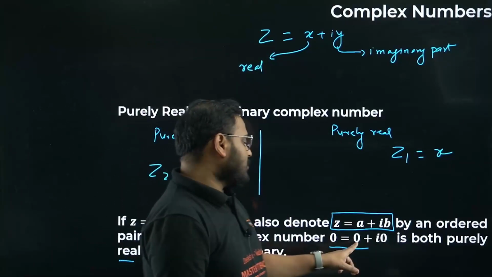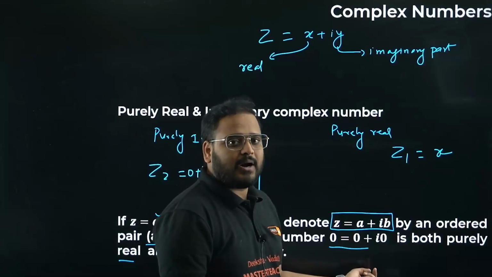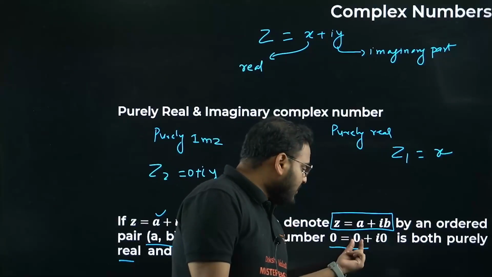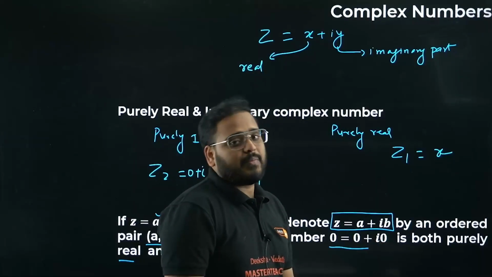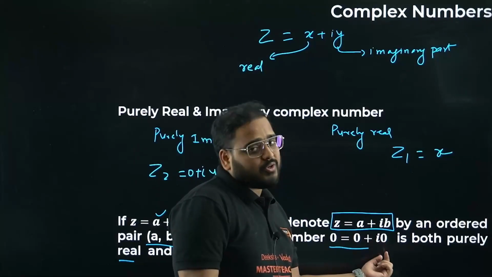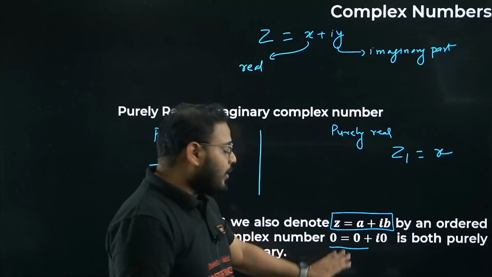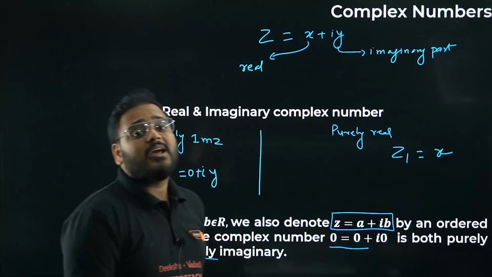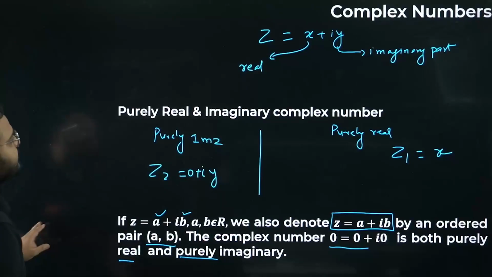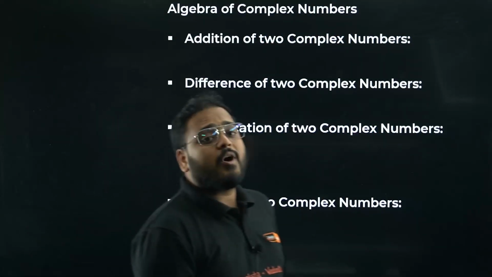Correct? If I write just 0 as the real part, is that okay? Yes, because 0 is a real number. If I write 0 times i as the imaginary part, that is also okay, because 0 is again a real number. So 0 can be treated as either purely real or purely imaginary.